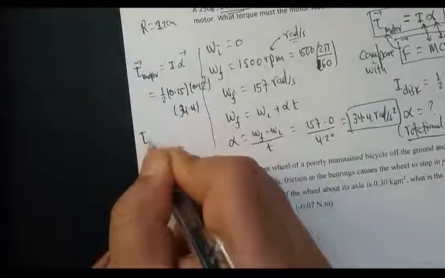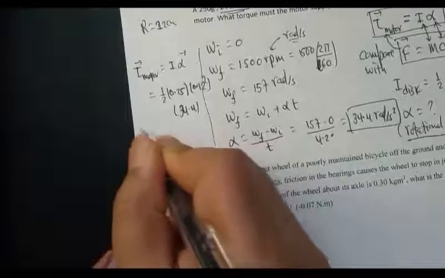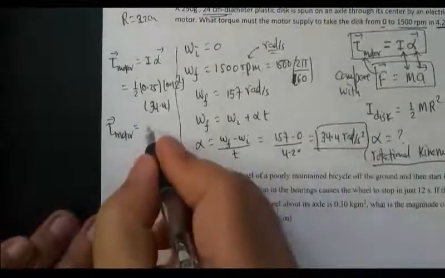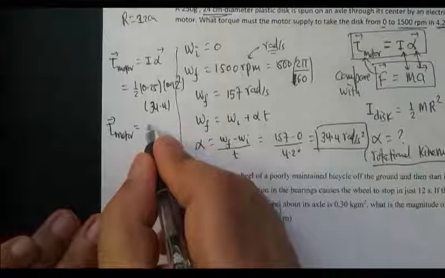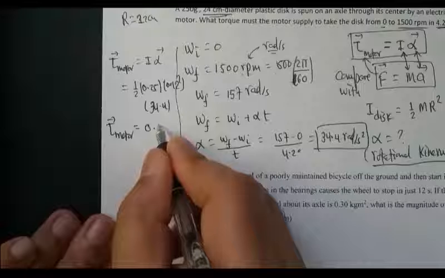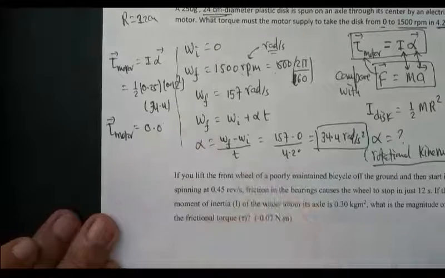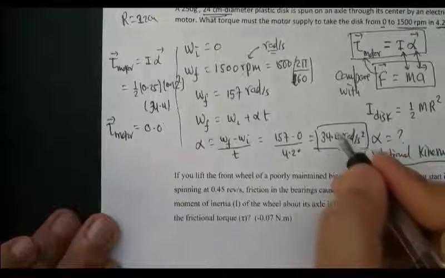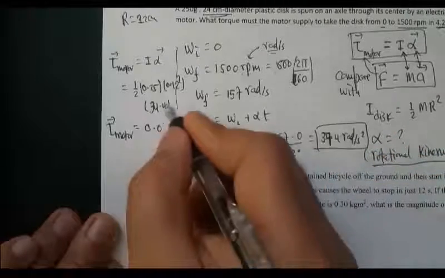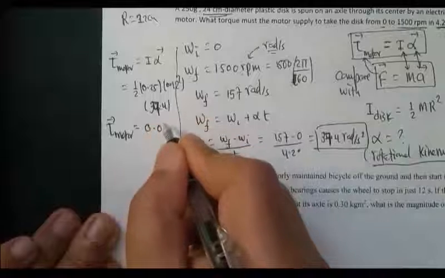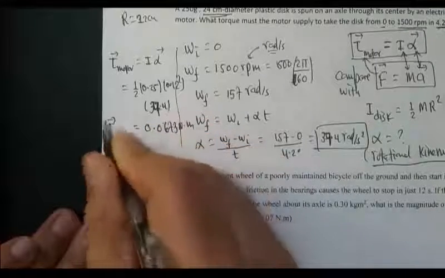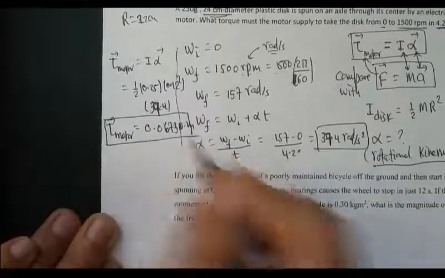That's going to be the torque produced by the motor. Sorry, alpha is actually 37.4. So the torque is 0.0673 newton meters. So that's your very final answer.